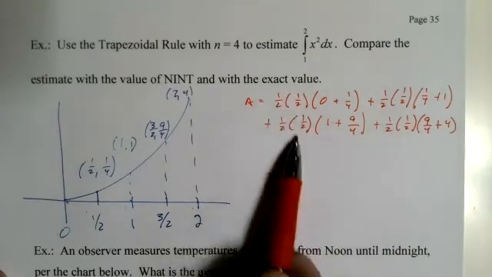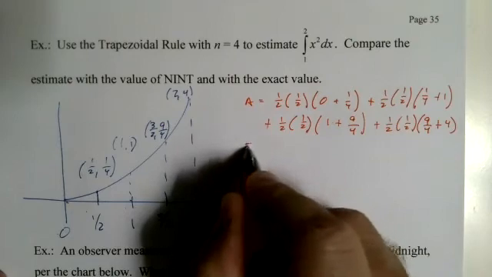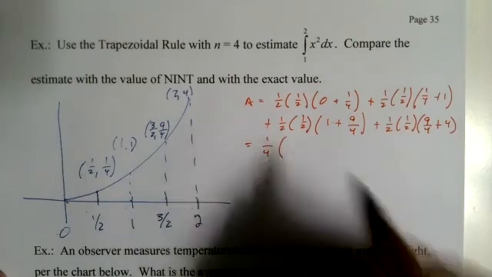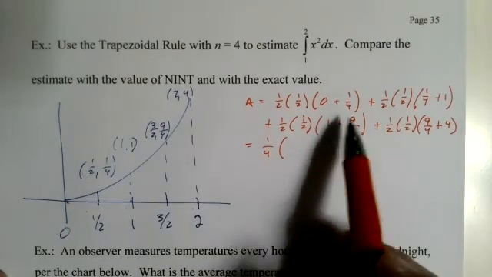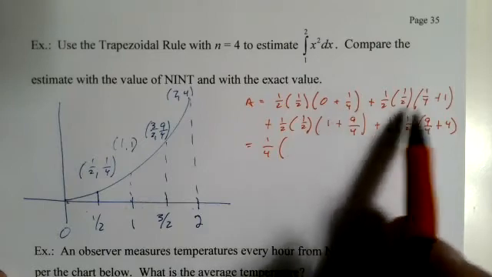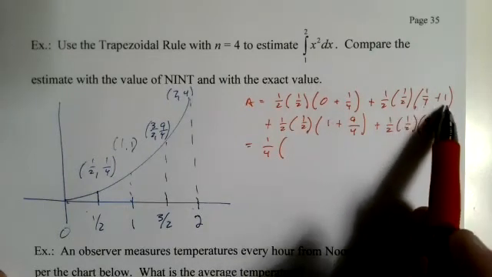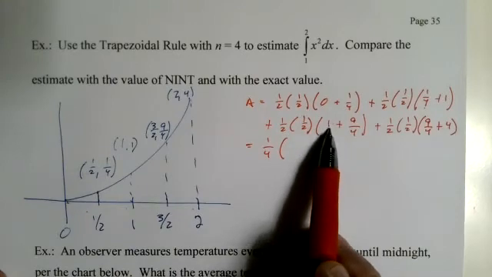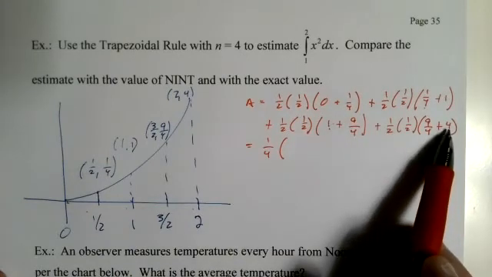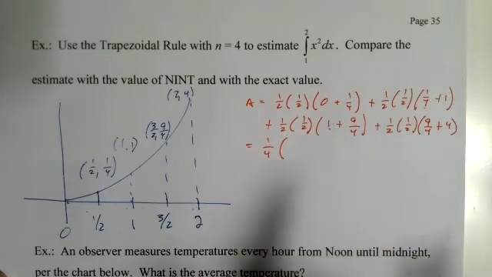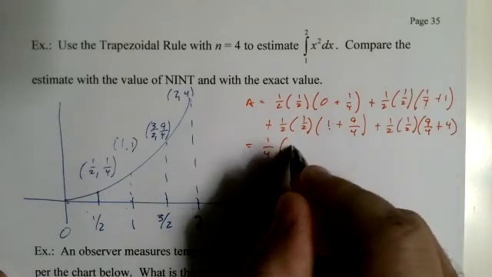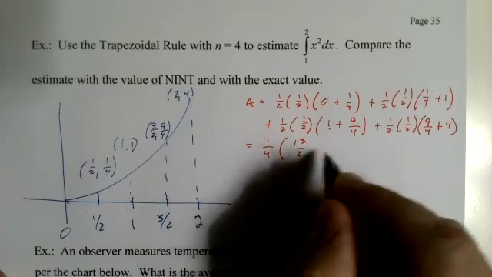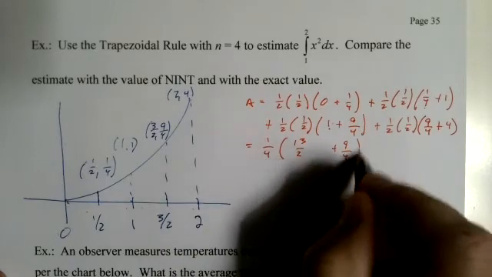I'm not even going to try and do this. I'm going to factor out that 1/4. 1/4 plus 1/4 is 1/2. Plus 1 is 1.5. 2.5 plus 4 is 6.5, also known as 13/2. Plus 9/4.